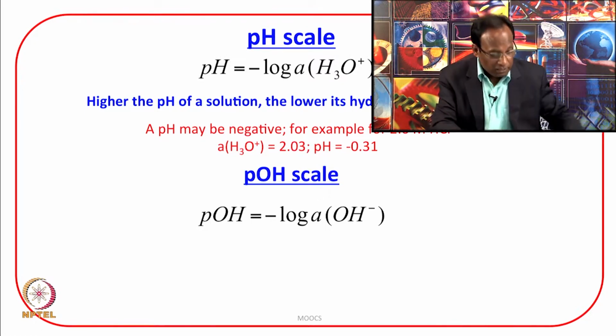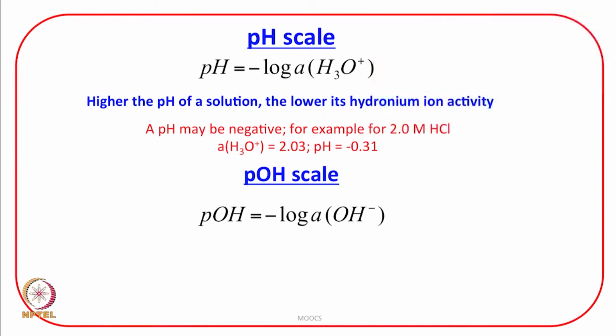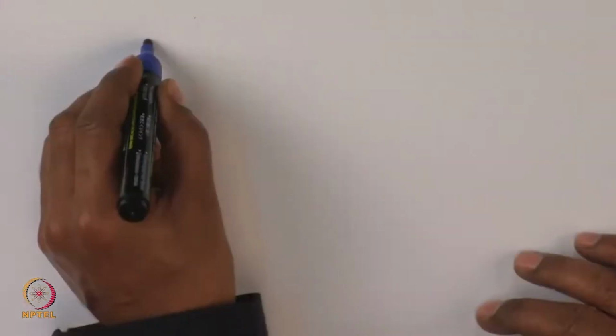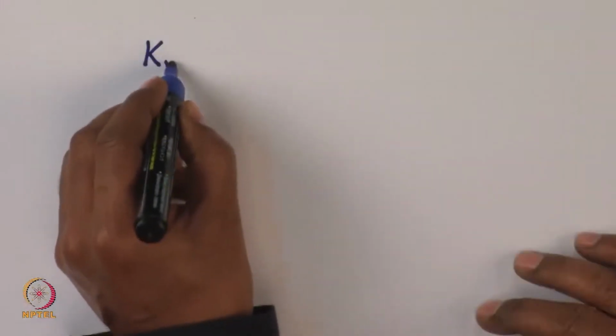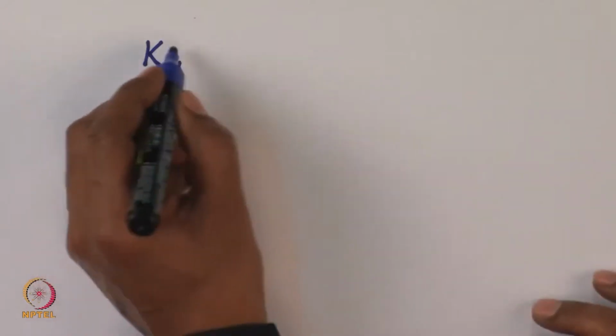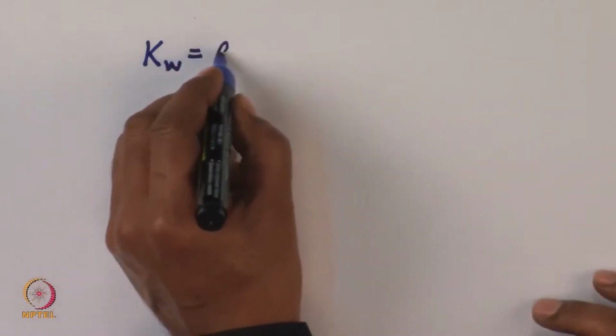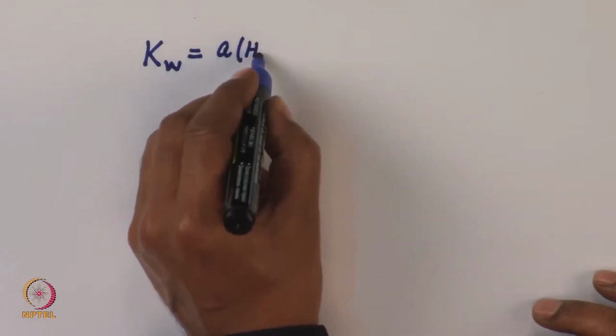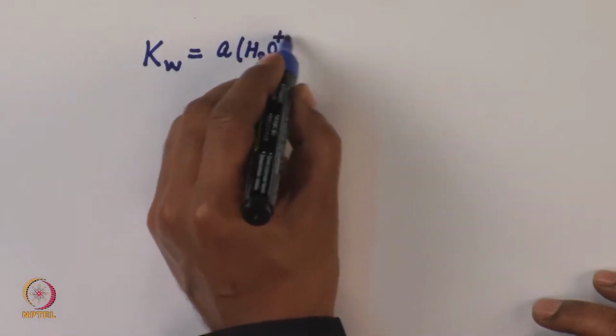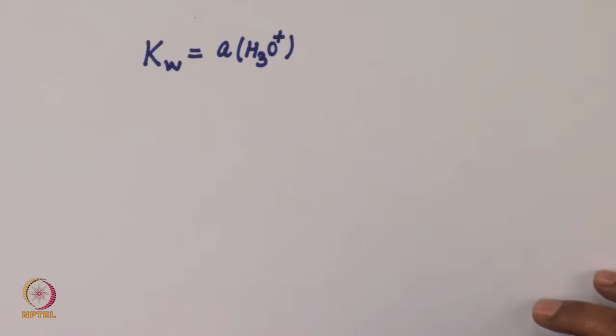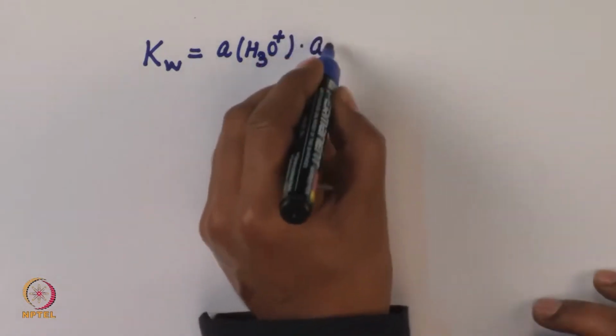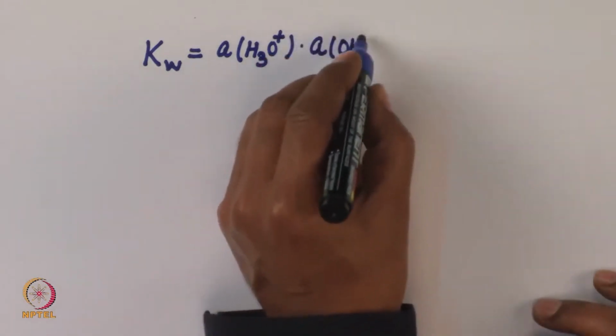For example, let us take water. We defined Kw, the autoprotolysis constant of water, as activity of H3O plus, hydronium ion, into activity of OH minus.